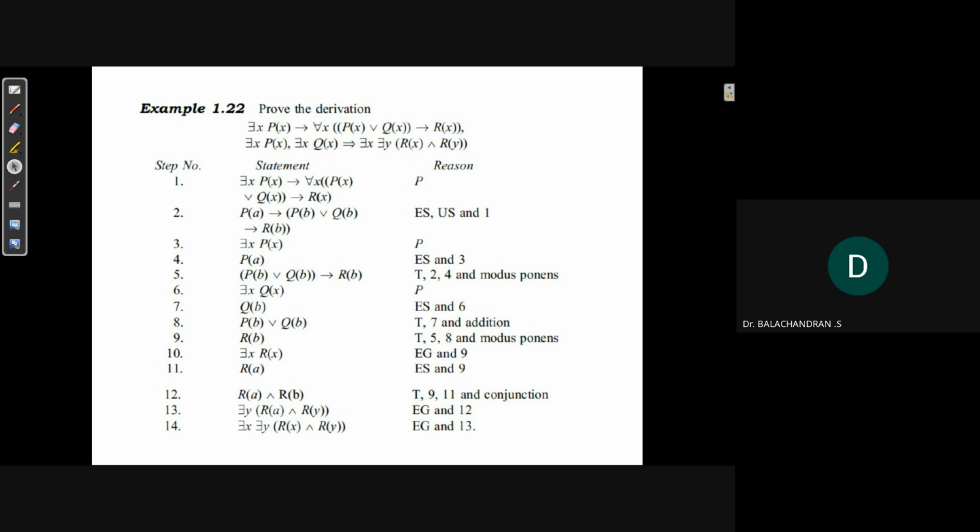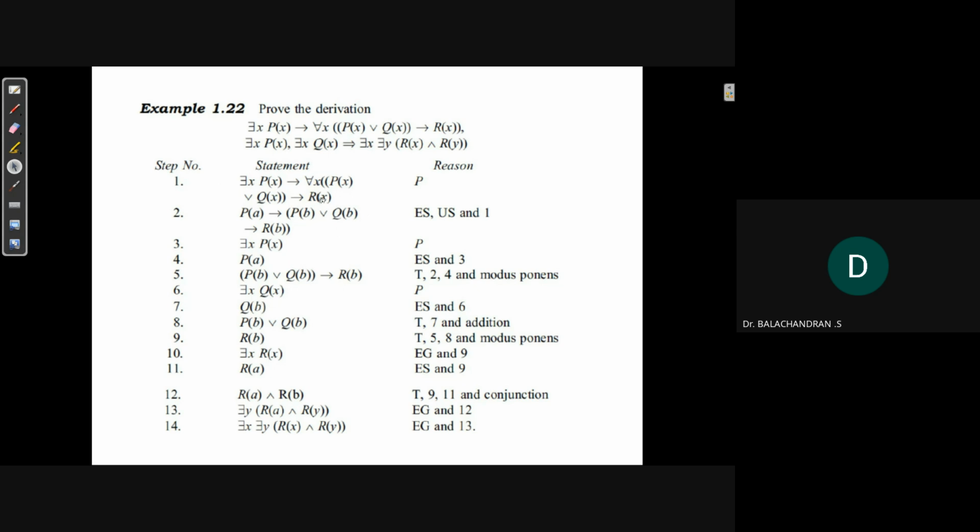So maybe here you are already using B, but here you are using Q of B. So maybe you can use 6 and 7, because already B is used for Q. So again that is true for what?